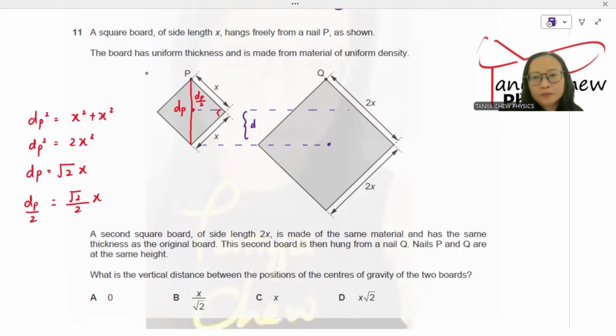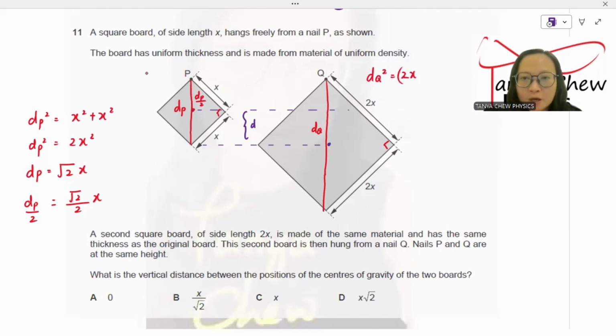Now, I find the distance of Q from one side to the other side. This is dq. Now, dq is the same thing. This is 90 degrees. So you find dq square is equal to 2x square plus 2x square.